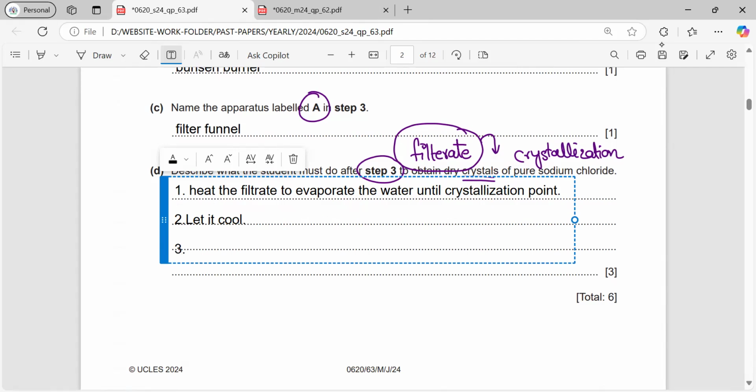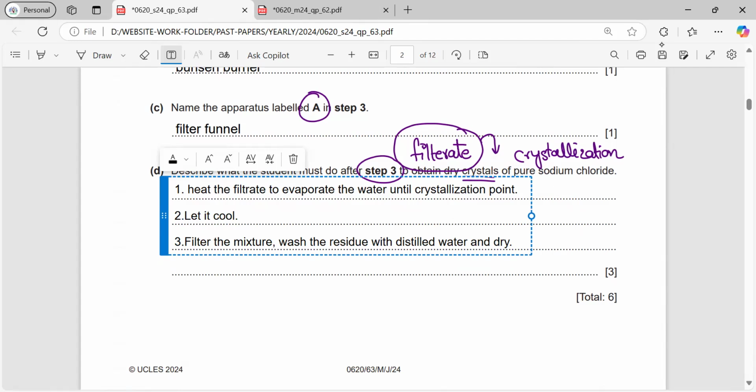After that, when the crystals are formed, we will filter the crystal mixture, wash the residue with distilled water and dry. So these are the steps of crystallization that we'll perform.